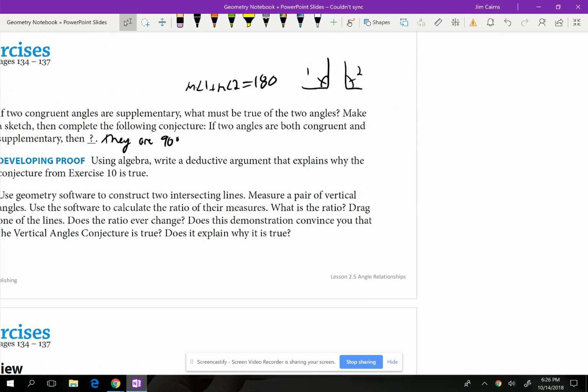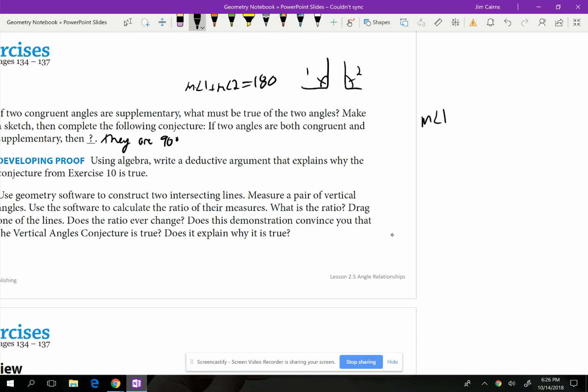Okay, so first we'll start with, we know the measure of angle 1 equals the measure of angle 2.